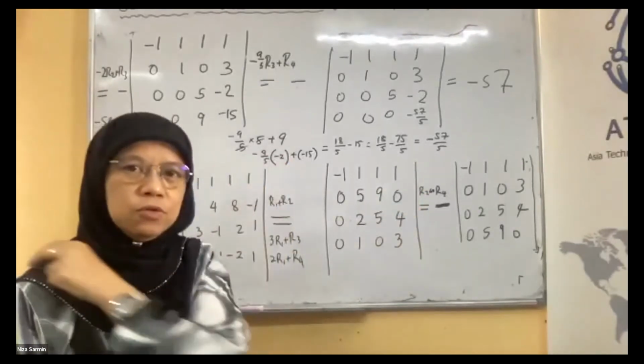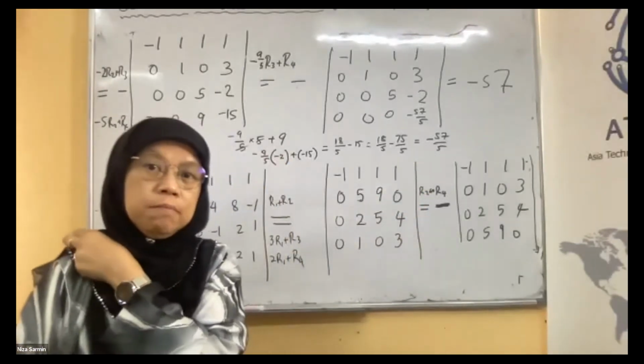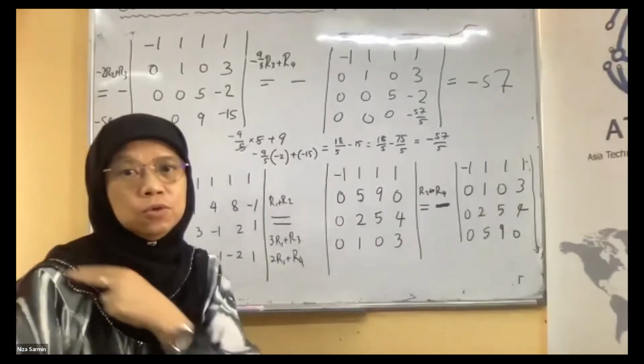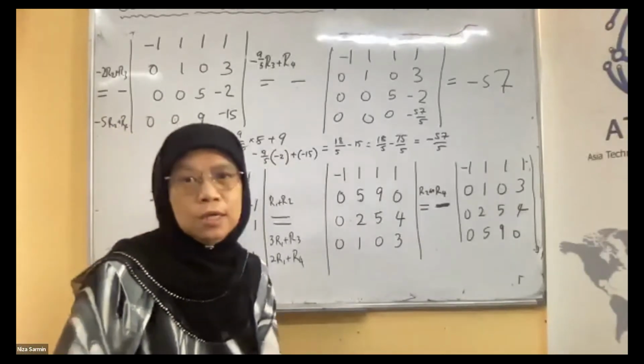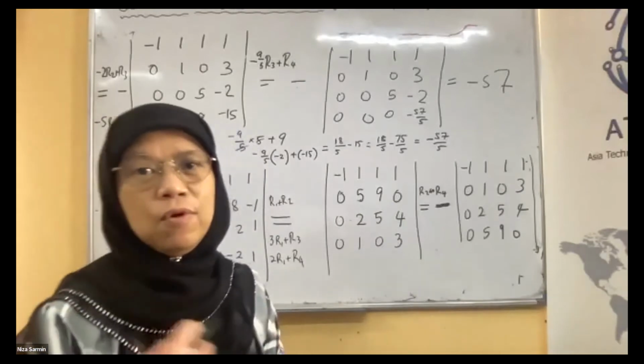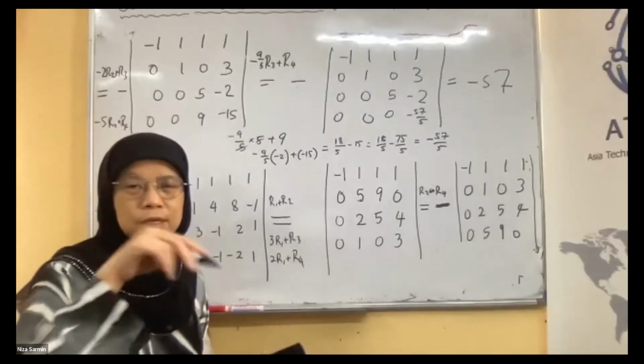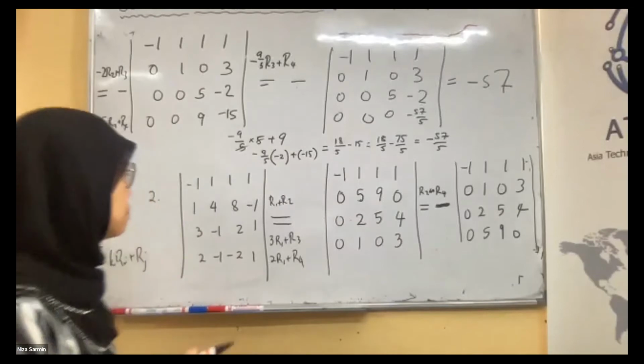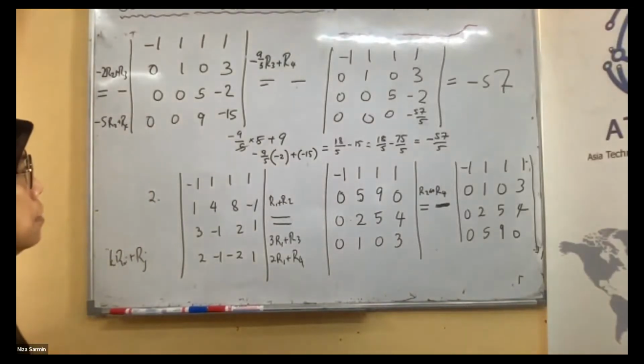The question is to find the determinant using properties, so you cannot use the cofactor expansion method directly.